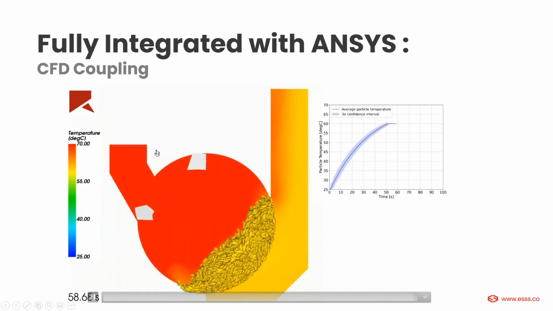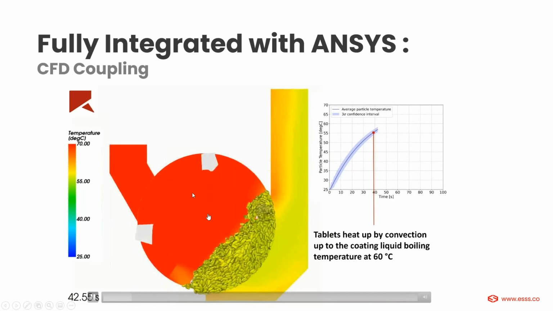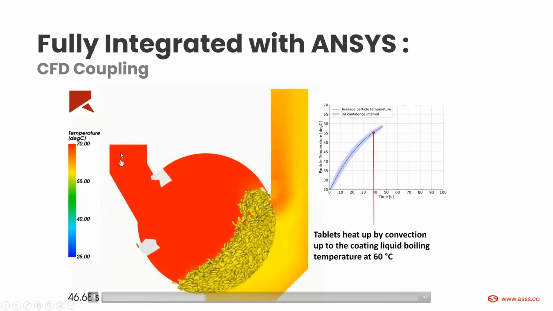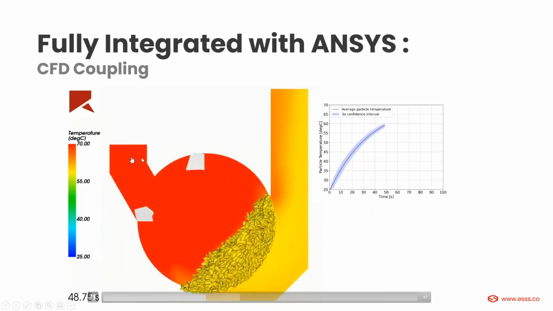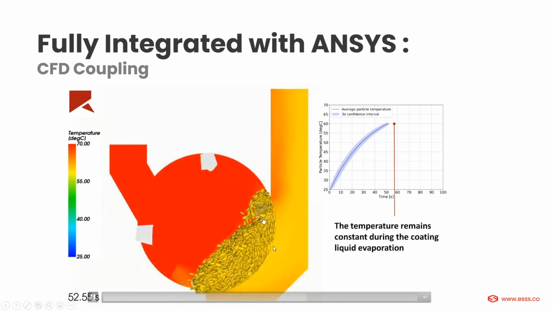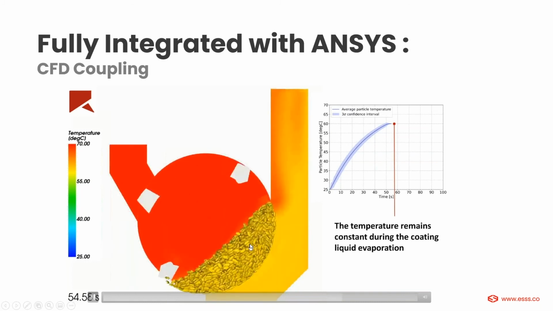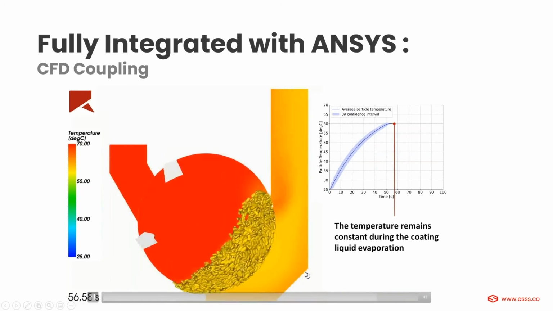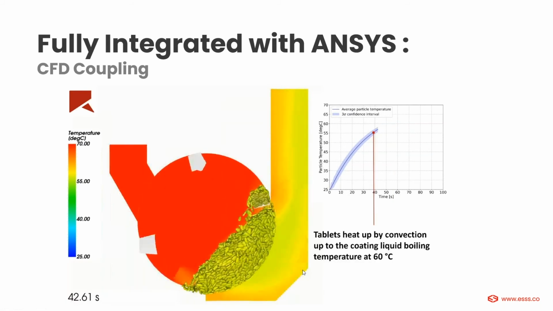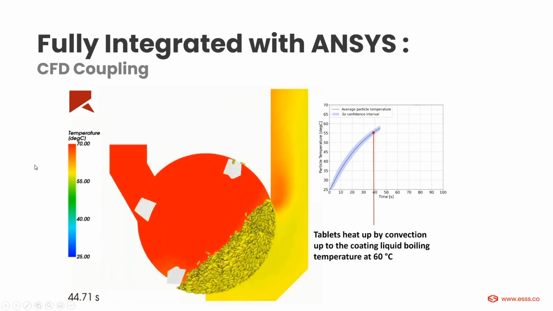This hot fluid is exchanging energy with the particle bed. It enters the system at 70 degrees Celsius, but leaves at about 55 or 60 degrees Celsius, and it heats up the particles, and then it can dry the particle coating liquid that had been used in this specific problem.